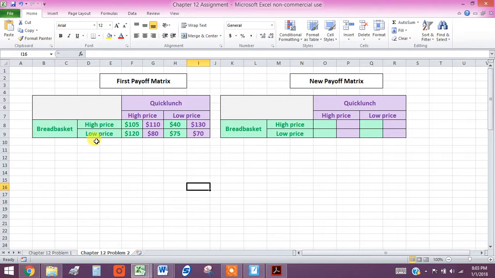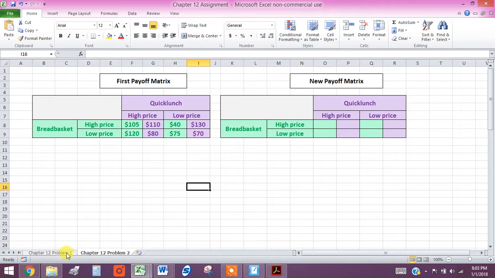Bread Basket is going to go low, and if they go low, then Quick Lunch's best option is to go high because 80 is better than 70. So the profit for Bread Basket is going to be 120, and the profit for Quick Lunch is going to be 80, because that's the best they can do when Bread Basket goes low. Their two choices are either 80 or 70, so they're going to choose 80.